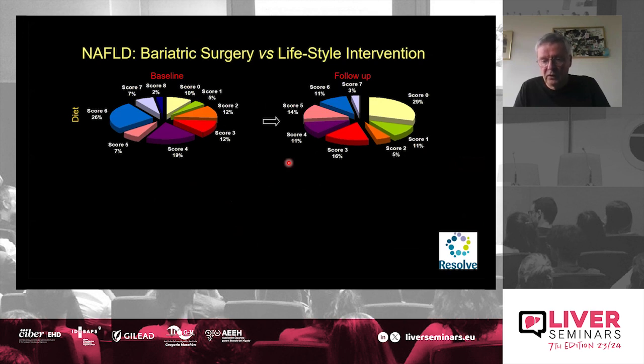And this is the study that I mentioned, the RESOLVE study, where we have follow-up biopsies. And these are the so-called diet group. Remember the lifestyle intervention that I showed for the immune phenotyping. And you see that lifestyle intervention in a very specialized clinic run by Luc van Gaal can decrease the NAS score in the patients. You can see they do improve by this, but it's a very difficult task.